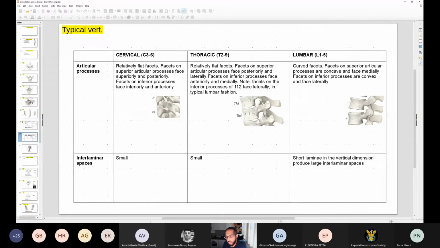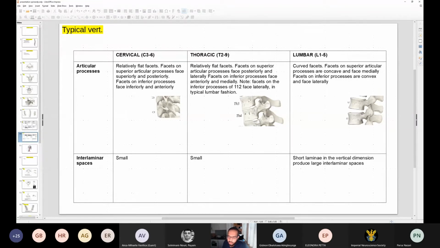Because we're looking at the scan, we're looking at the spine from the side, and it's as if it's escaping the midline and trying to turn and face us, trying to rotate laterally. So you can actually see the joint. This is not happening here. You can't actually see the inside surface of the articular process.